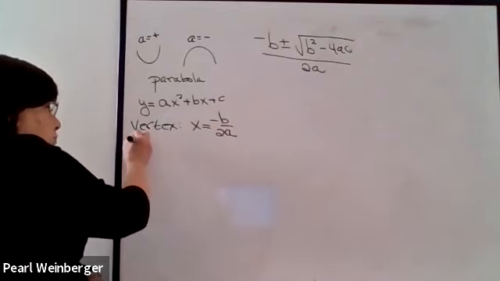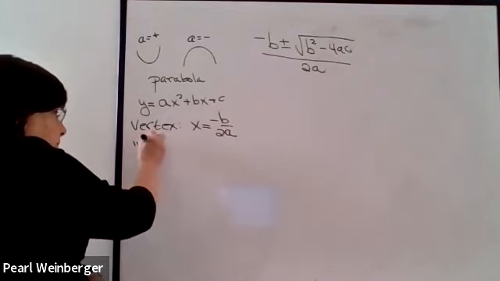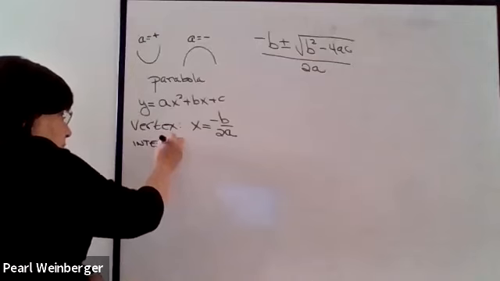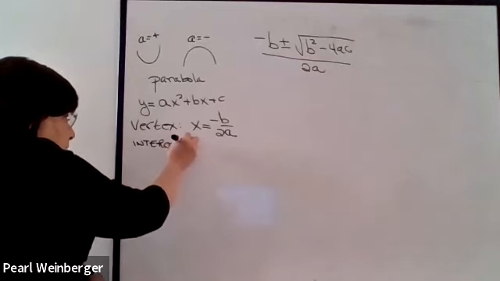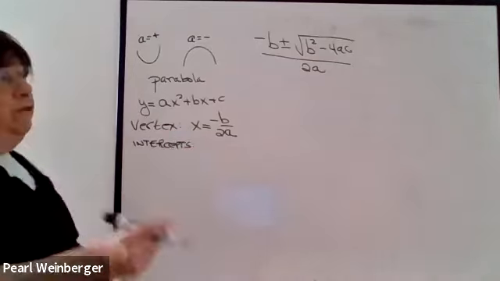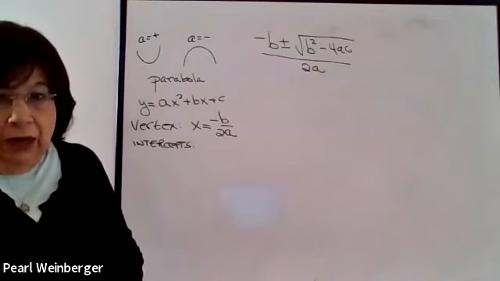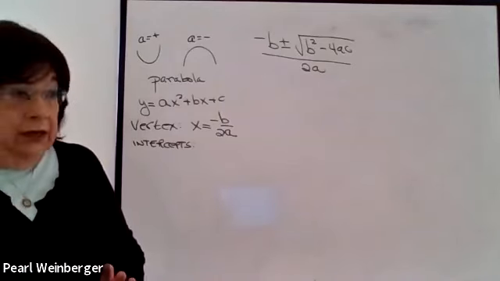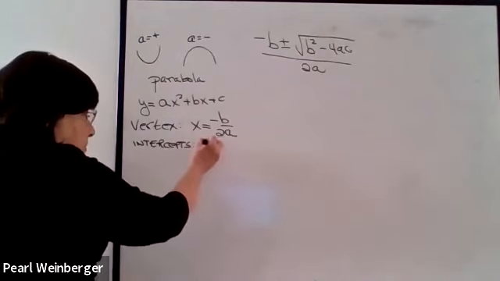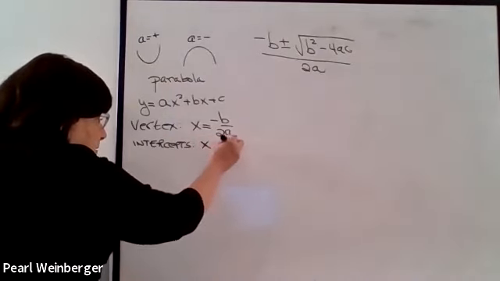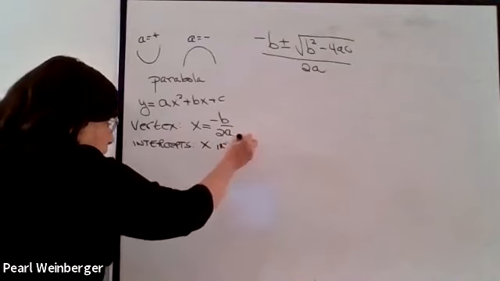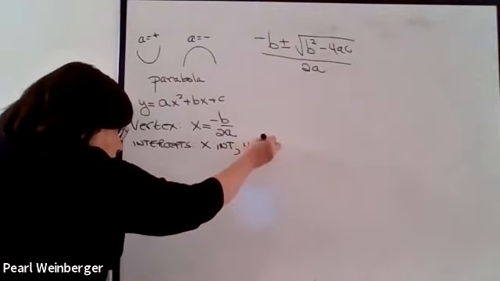The other things we talked about were intercepts. In general, intercepts are talked about in terms of every single type of graph. There's an x-intercept that you find by letting y equal 0.